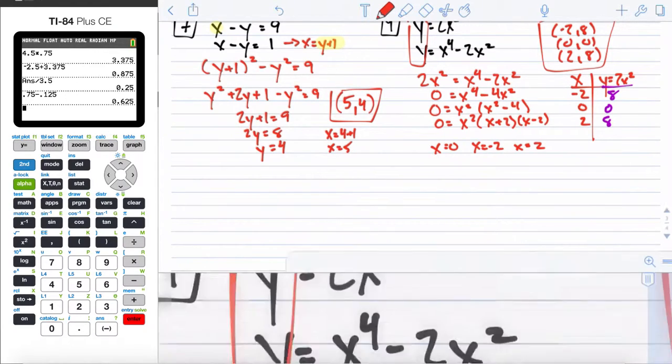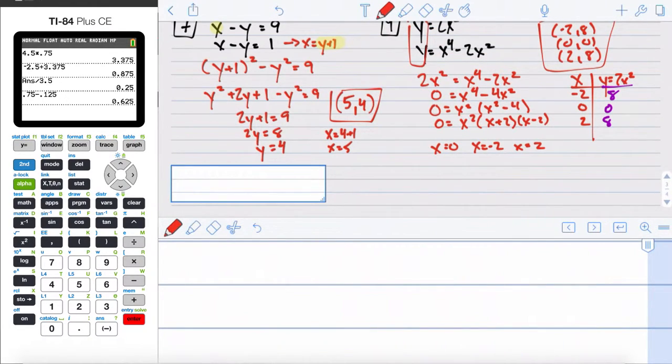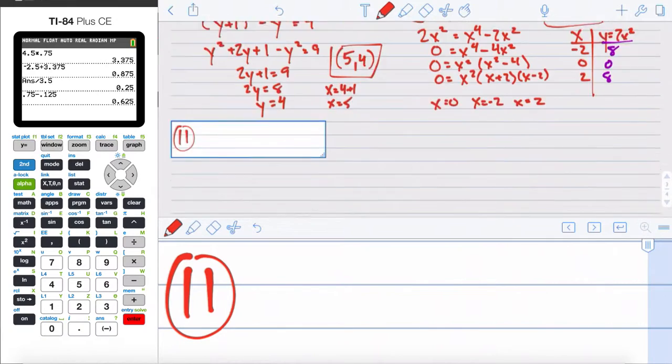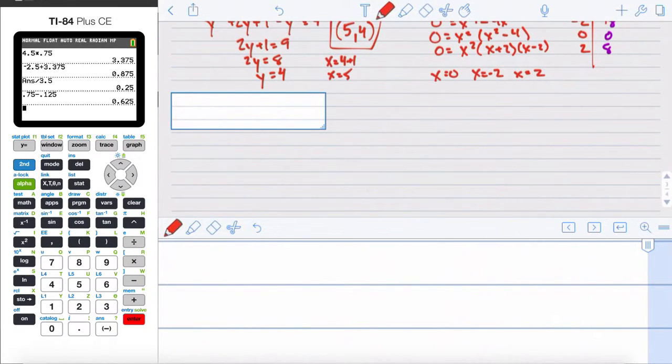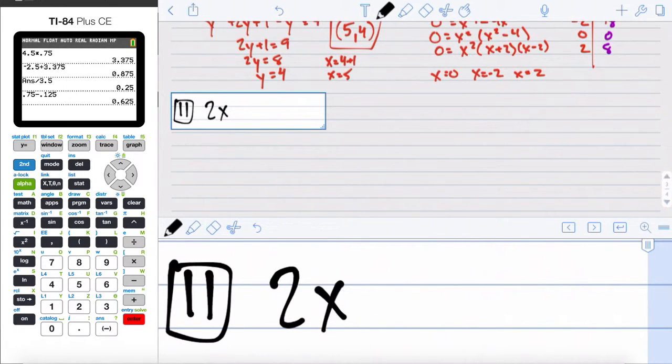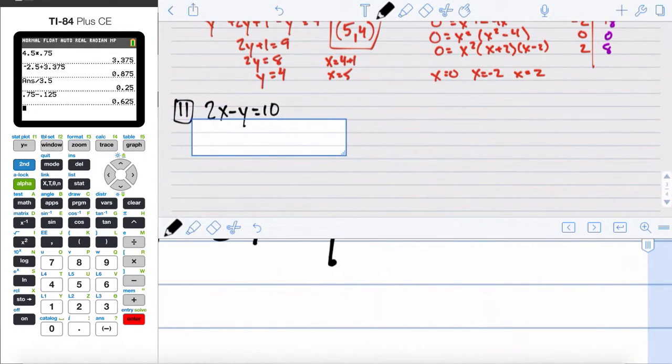11 through 14, we do graphically. So remember when we're doing things graphically, our first step is to get y by itself. So we have 2x minus y is equal to 10, and x plus 5y is equal to negative 6.